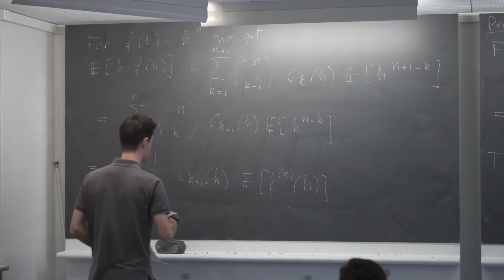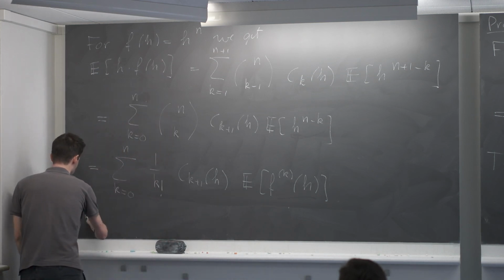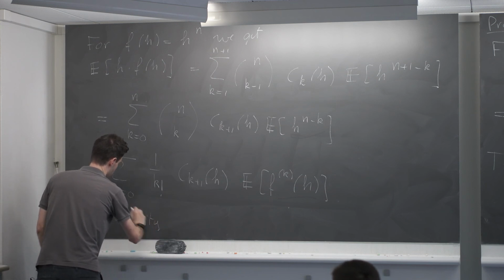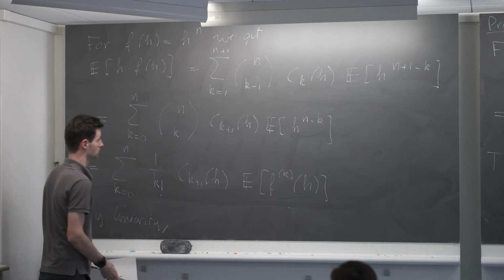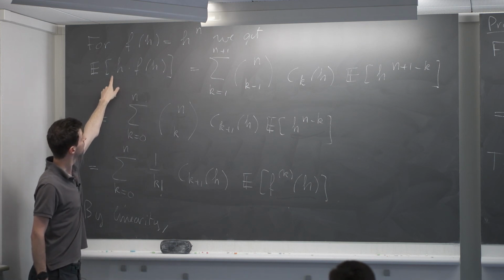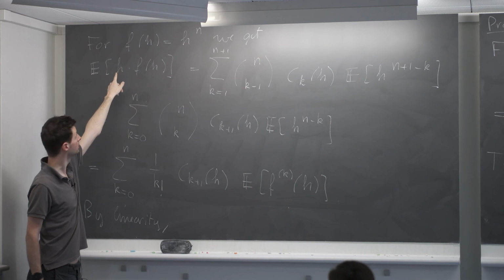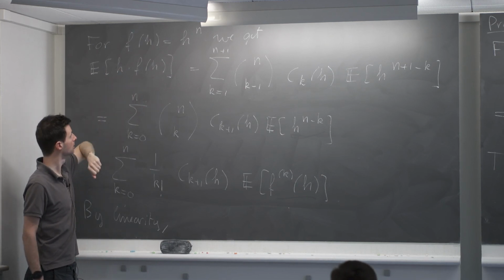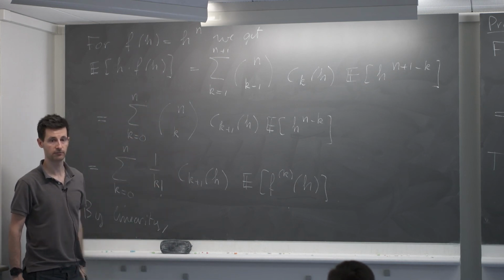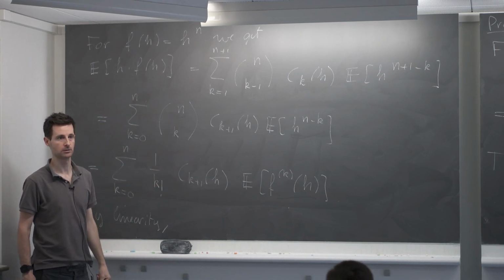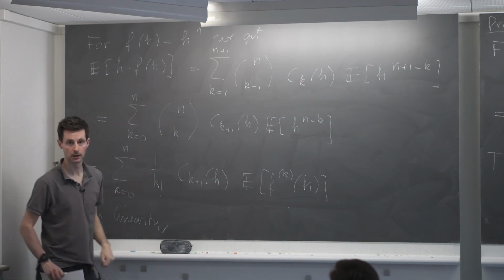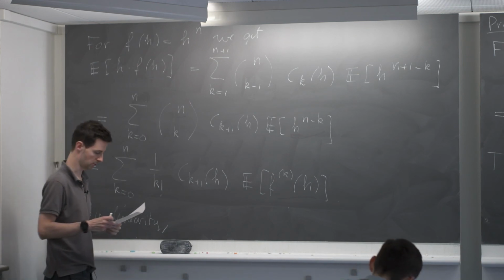So by linearity, I have established this identity for the function f being equal to h to the n, some power. And notice that both sides are linear functions of f, and therefore I can take arbitrary linear combinations of powers, and this will remain equal to that, and therefore this applies also for any polynomial.